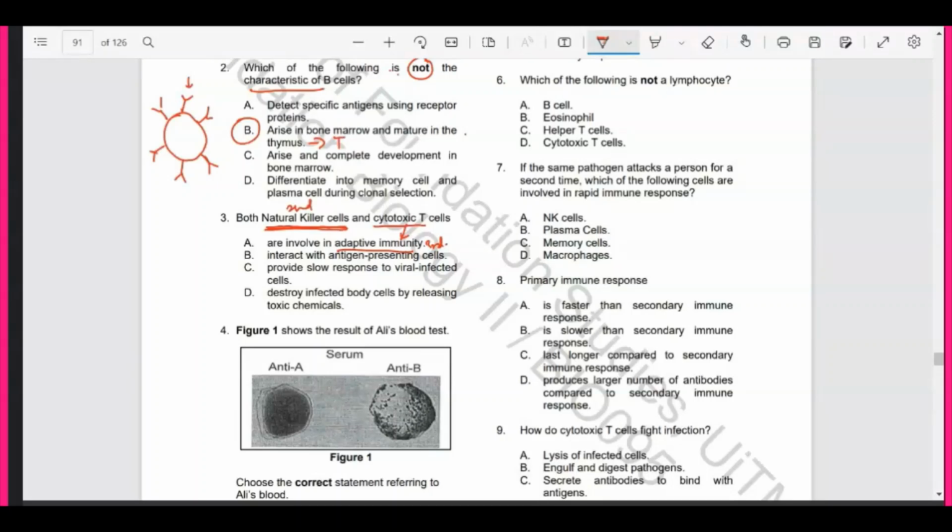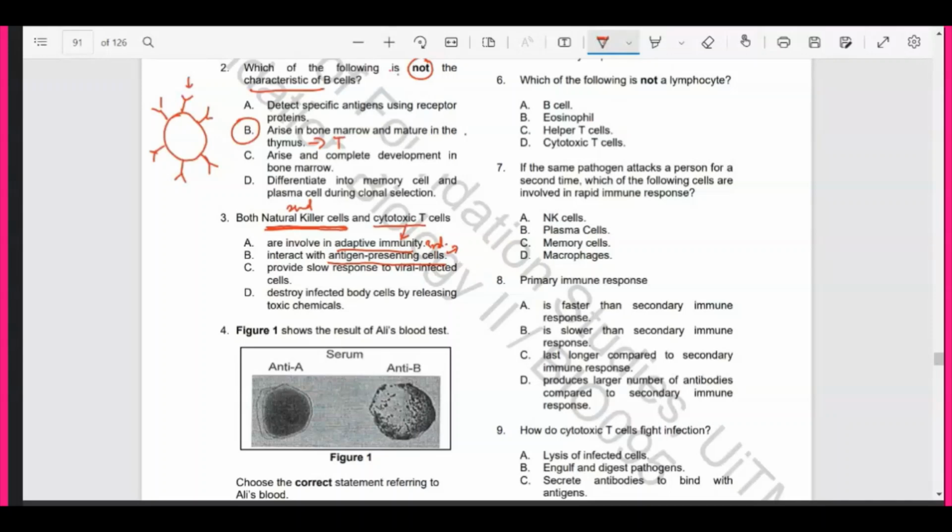So, interact with antigen presenting cell. Kalau kita tahu antigen presenting cell, it only interacts dengan apa? Does it interact with cytotoxic T cell and natural killer cell? Kalau APC ni, APC terhasil daripada sel apa? Macrophage, kan.